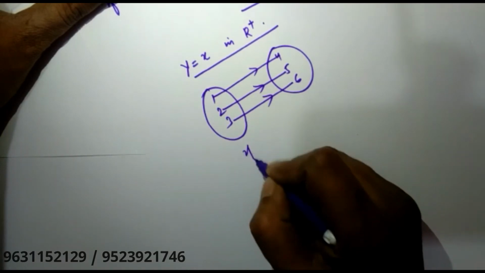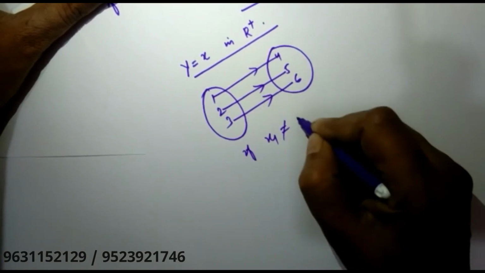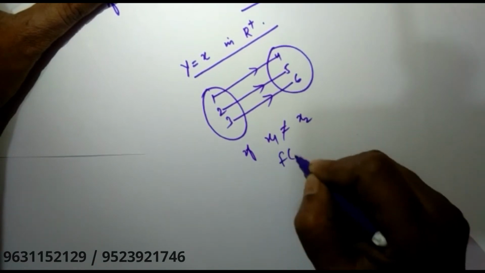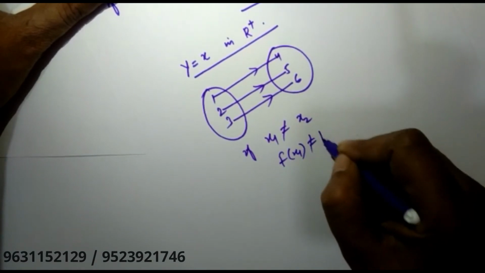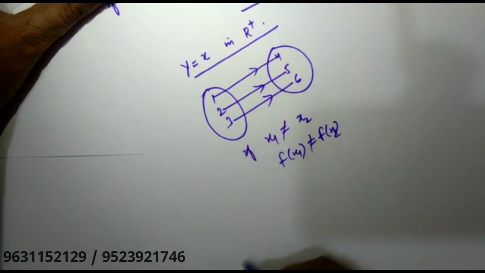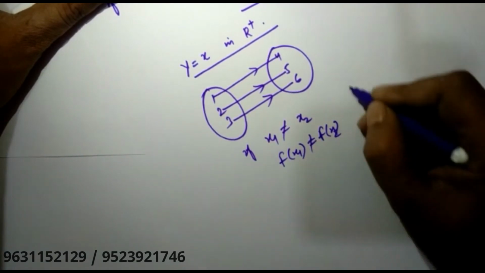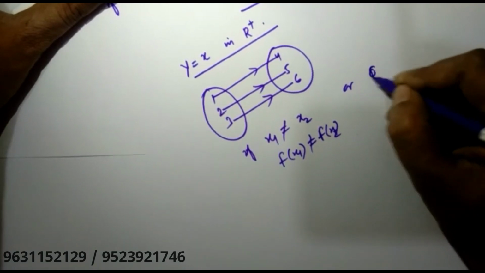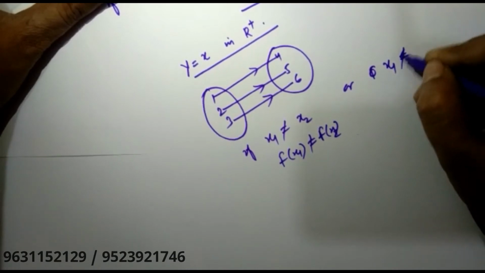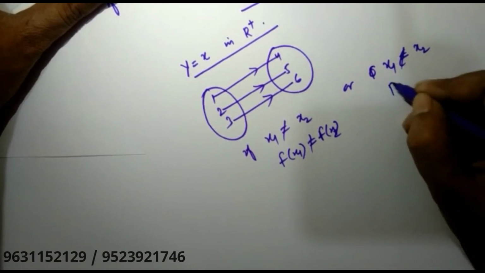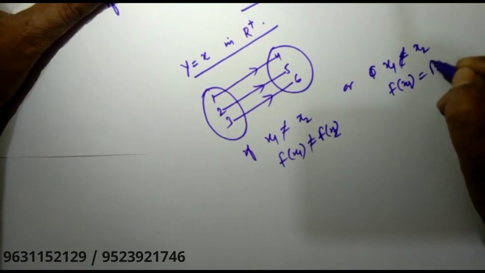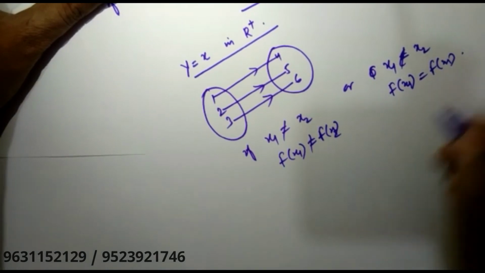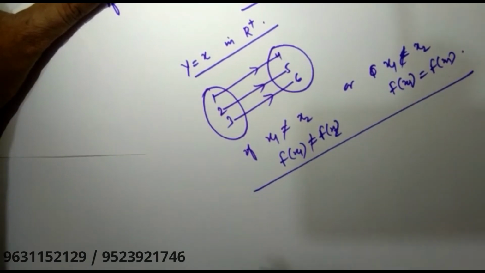Or you can say, if x1 is not equal to x2, then f(x1) is also not equal to f(x2), then the function is called 1-1 function. Or if f(x1) equals f(x2) implies x1 equals x2, that means the function is 1-1.